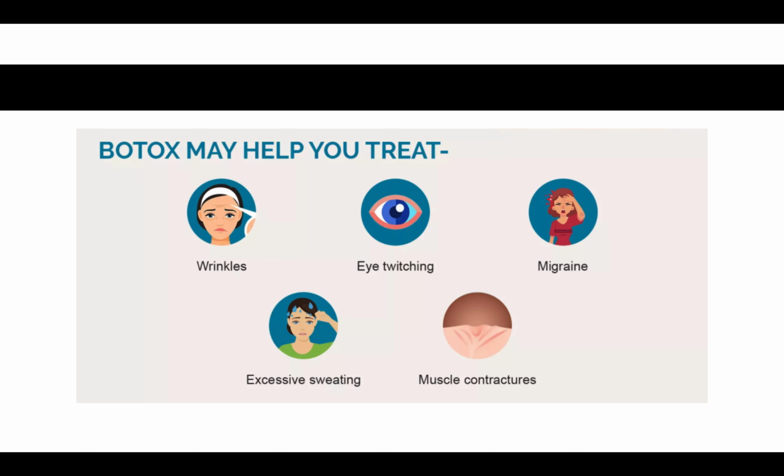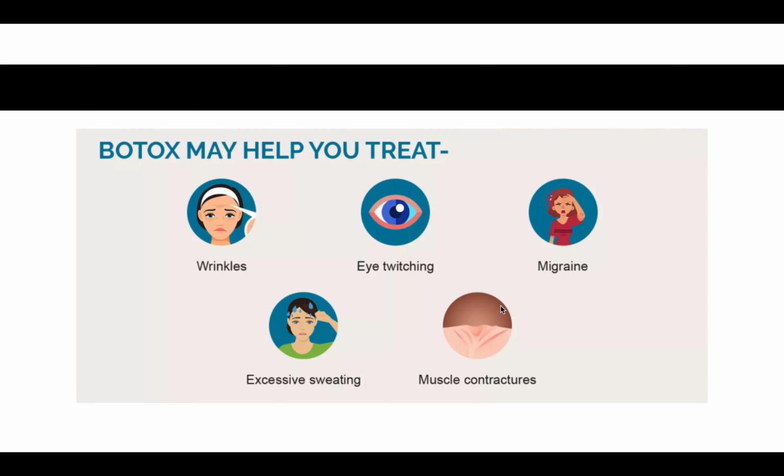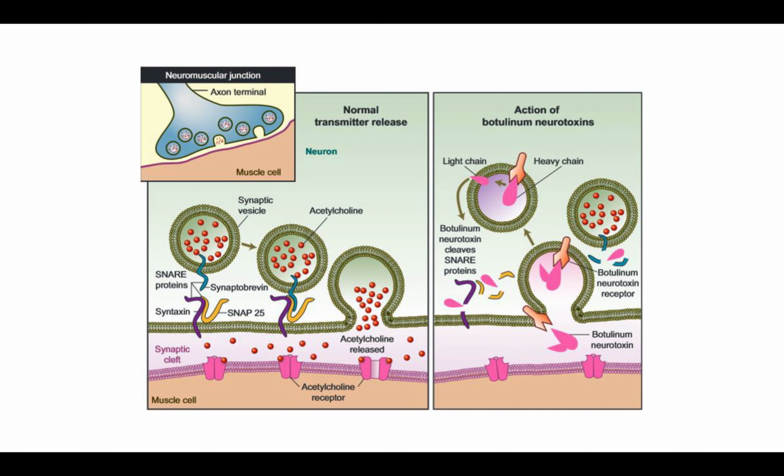Botox selectively binds to the peripheral cholinergic motor neuron end plates to prevent the release of acetylcholine. And just to let you know, the motor end plates are here on the right of the image, and once it binds to the receptors, which are the end plates, as I said before, it prevents the release of acetylcholine.